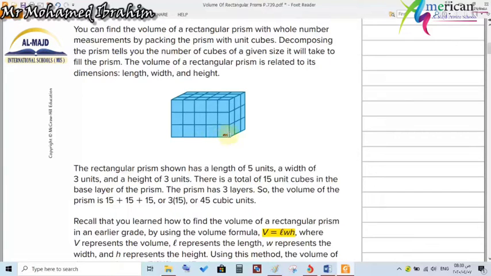What about the width? 1, 2, 3. What about the height? 1, 2, 3. So we have 5 lengths, 3 widths, 3 heights. 5 times 3 equals 15, times 3, 45. So the volume equals 45 cubic units.